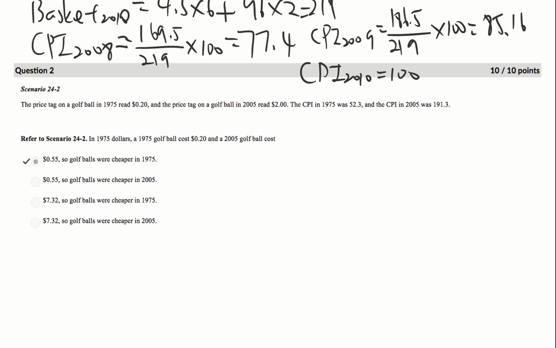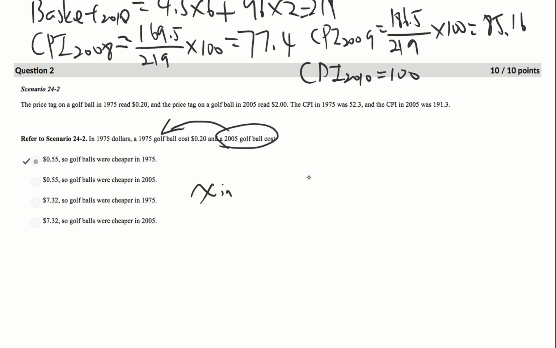Okay, very similar, just different numbers. Again, we're looking for how much the golf ball cost in 1975. So we set up X as our unknown variable.